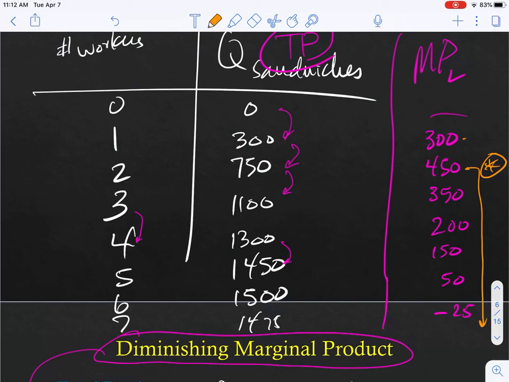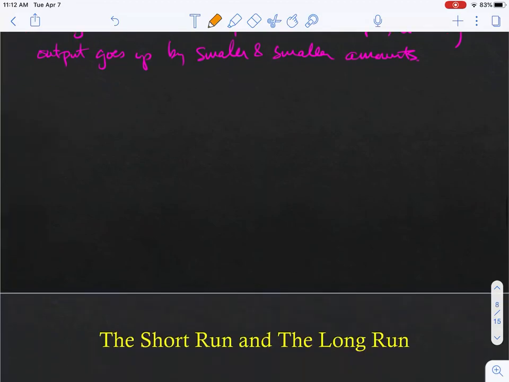So that's where you begin to see diminishing marginal product. Here it went from 0 to 300, and then 300 to 450, but then it started going down. So you see how it just means that your total product is increasing by smaller and smaller amounts. So the marginal product is declining.